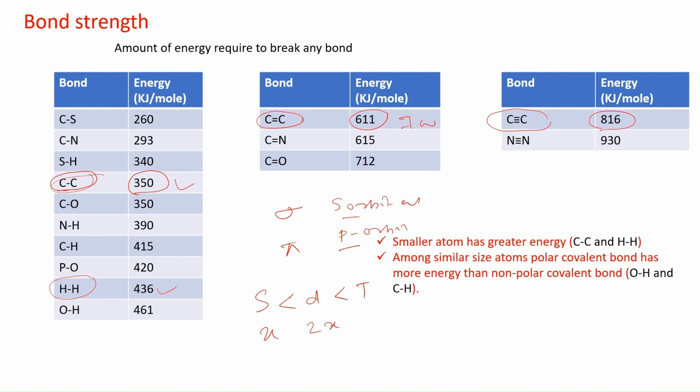Because polar means, in case of water, H has a partial positive and oxygen has a partial negative charge. So along with having this covalent bond strength, it also has a slight ionic character. So a polar covalent bond always has more energy compared to a non-polar covalent bond.